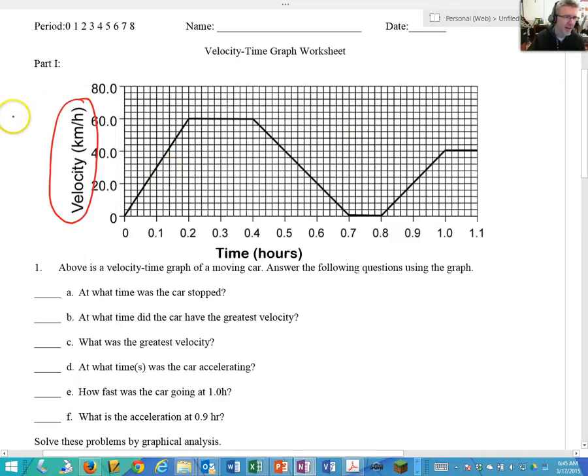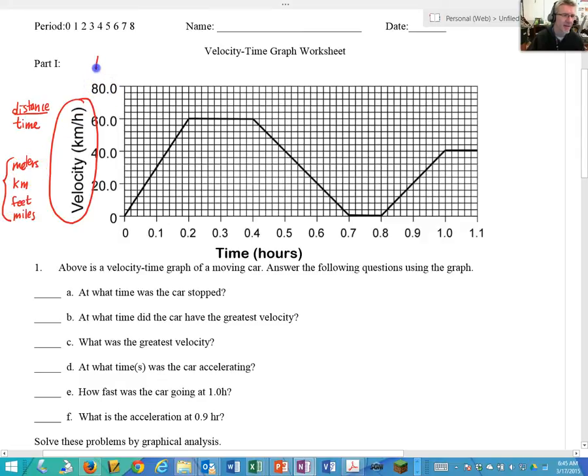So we haven't been talking about kilometers per hour for a while, but it is just distance divided by time. That's what velocity is, or speed. And distance can be meters, it can be thousands of meters, so kilometers, it can be feet, right? It can be miles. All of those are good units for distance.